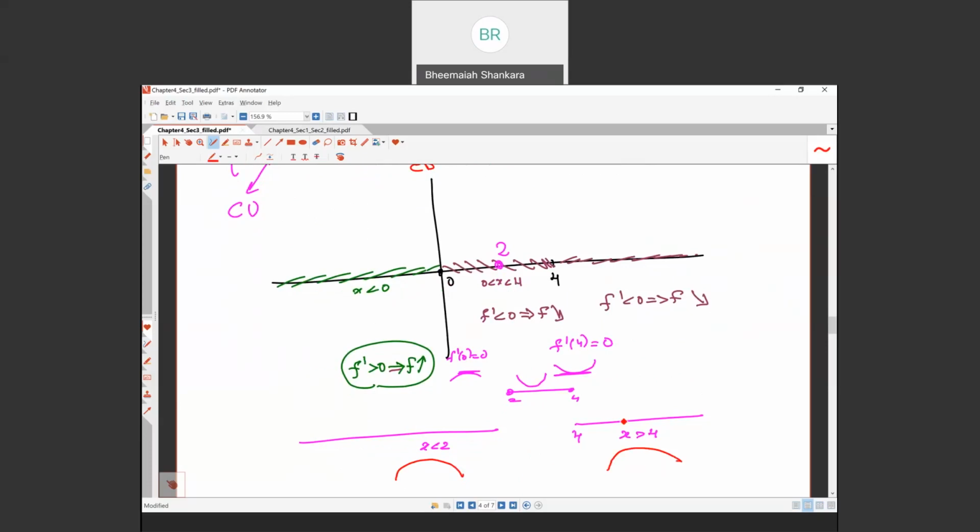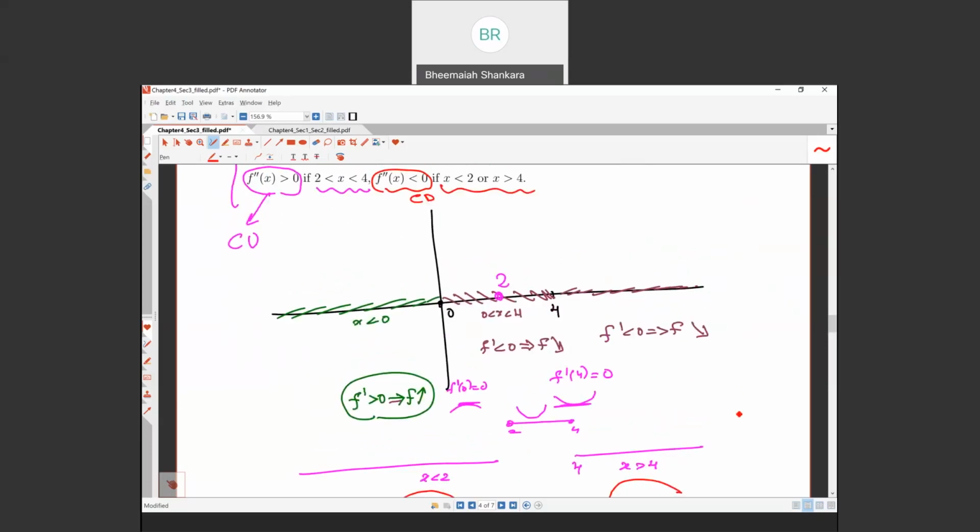So let's use all these definitions, try to connect them to make one single nice smooth graph, continuous graph. So on the first interval, x less than 0, you have the functional graph to be increasing. The function is increasing. So let me draw an increasing graph. At 0, you have the slope 0, so the curve flattens up.